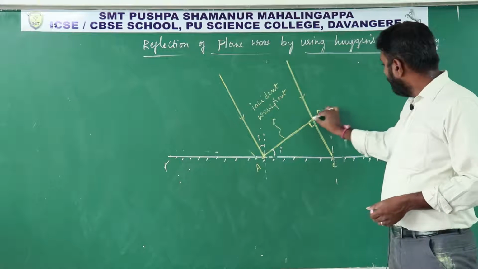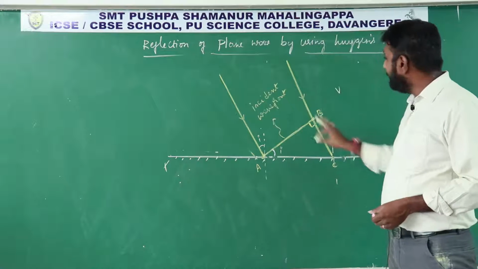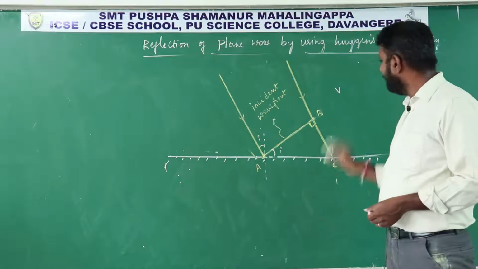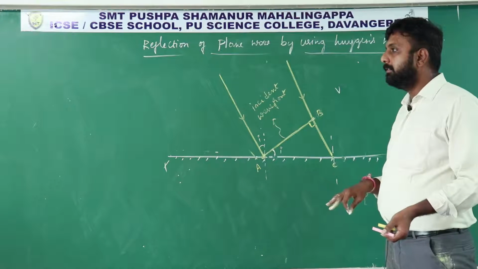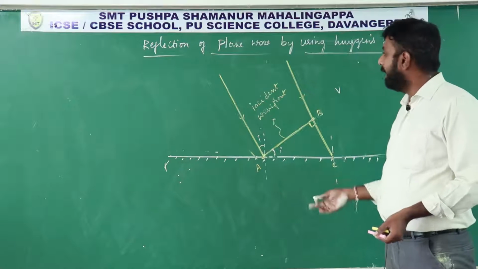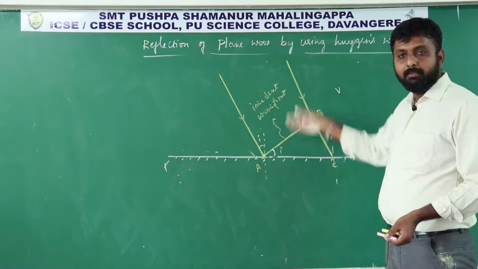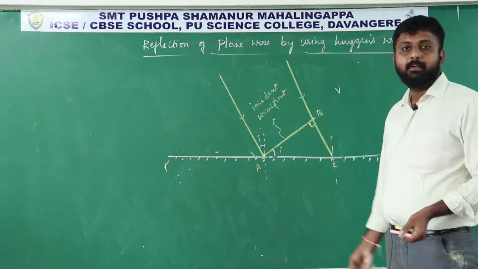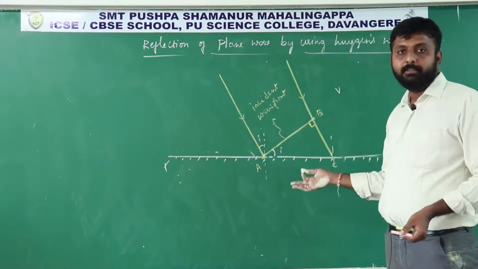So I will consider the speed of light in this medium is v. In the previous case, there were two media, hence one medium had speed v1 and another medium had speed v2, like that we considered. This is the reflection phenomenon, right?